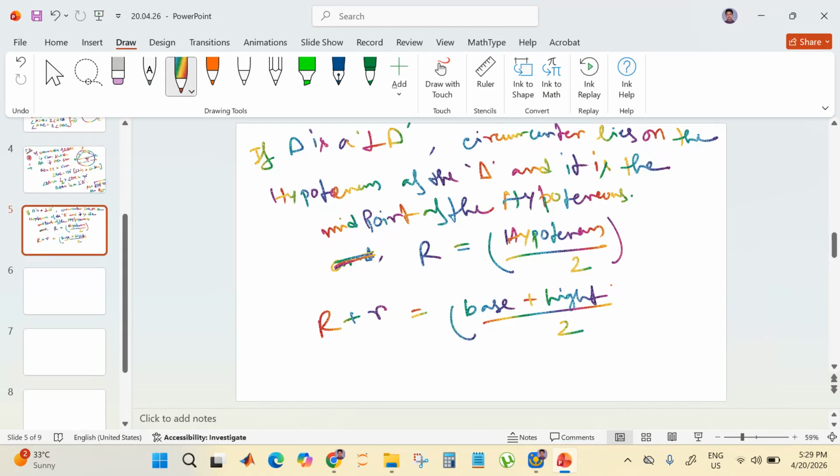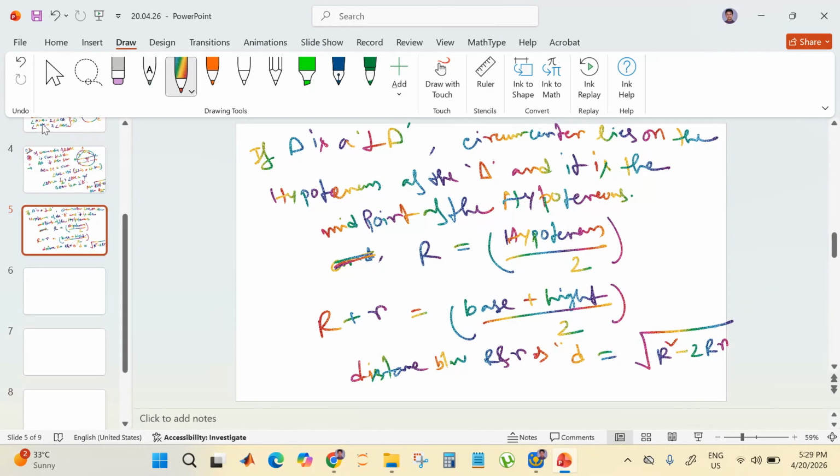This is also information you have to know. And the distance between the centers, termed d, will be equal to root over of R square minus 2R into r. These three pieces of information are very very important also.